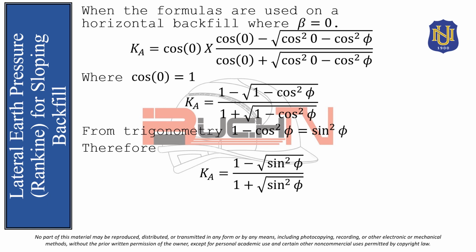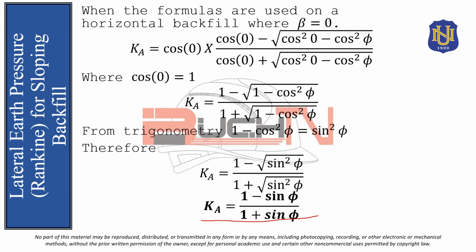So, if we will get square root of sine squared of phi, that will be equivalent to sine of phi. So, the resulting equation, K sub a is equal to 1 minus sine of phi over 1 plus sine of phi. This equation is the equation for the horizontal backfill.